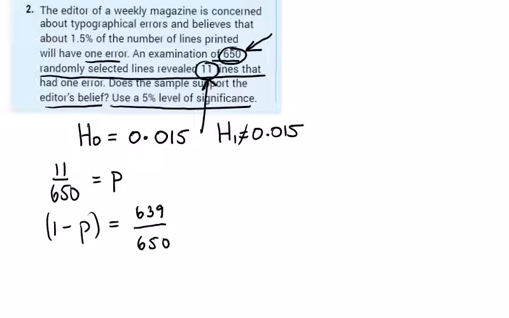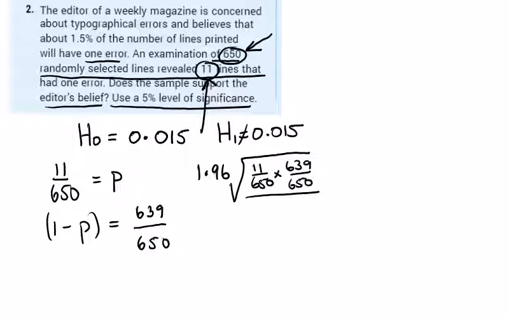So we can create our margin of error here. It's going to be 1.96 times the square root of P, 11 over 650, times 1 minus P, 639 over 650, divided by N, and all inside the square root. And N is our sample of 650.